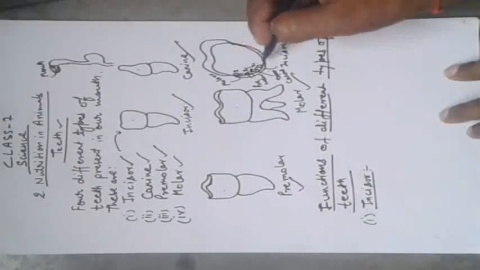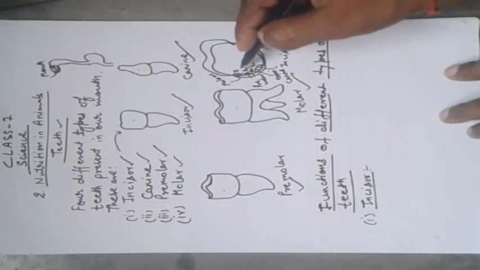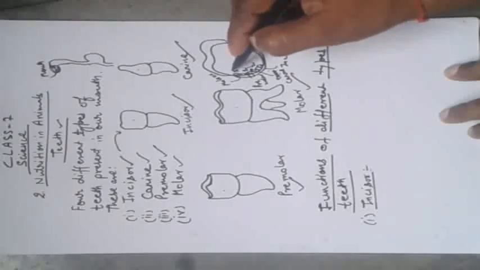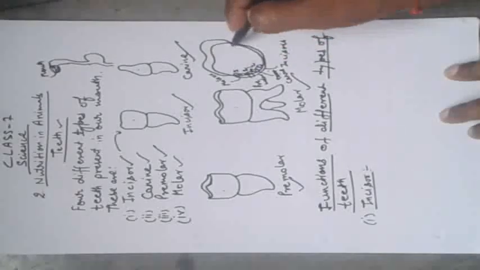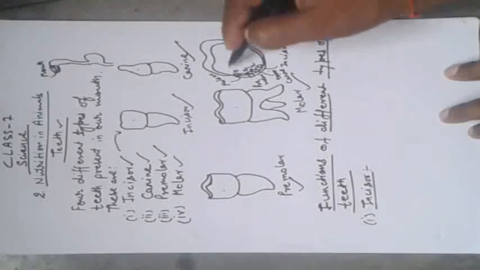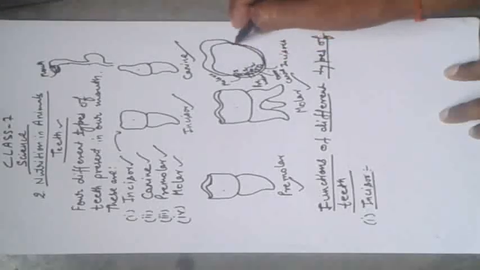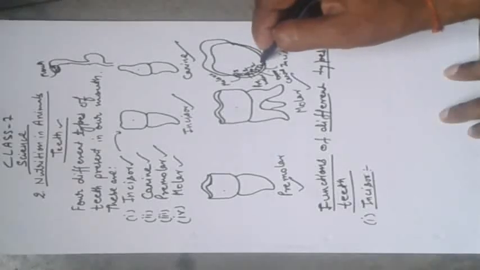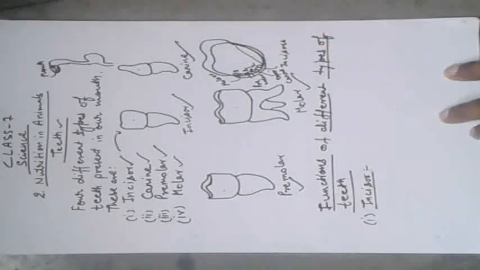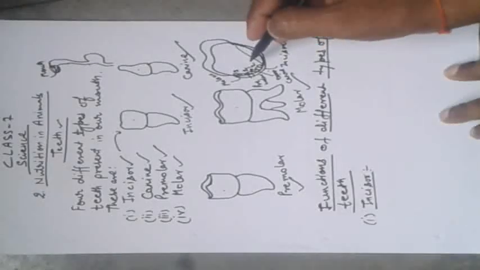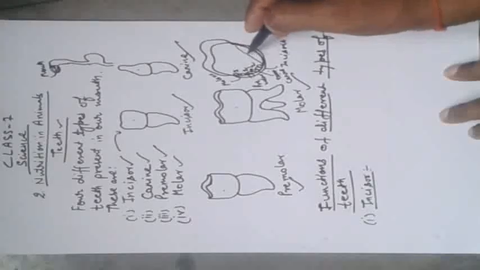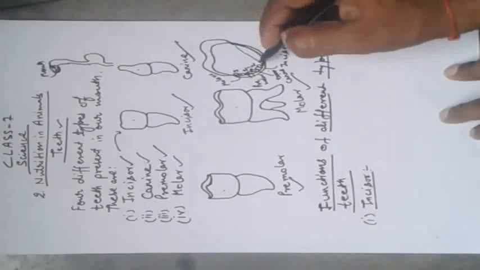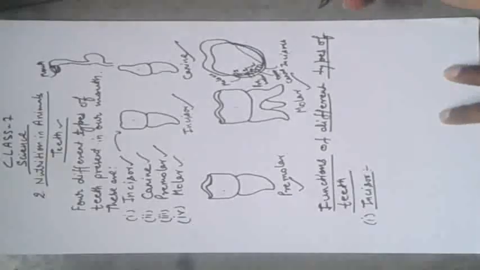So in each jaw, this is called a jaw, one jaw and second jaw, there are two pairs of different types of teeth available in our mouth, and their numbers are in 2:1:2:3 ratio.